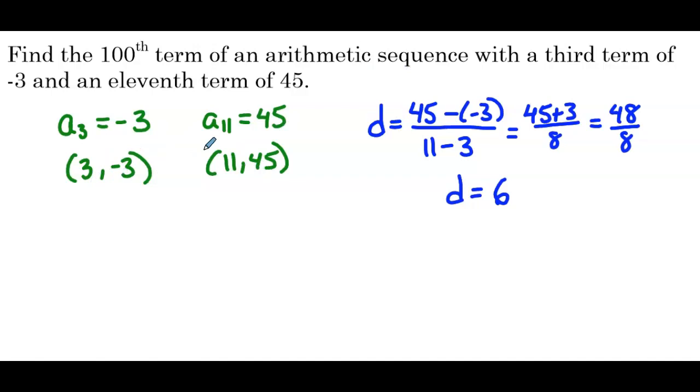We can use either term that they've given us. We'll use the third term to write our explicit formula. So a sub n plus 3 equals 6 times (n minus 3). Notice n minus 3 now because that's the term that we're given.